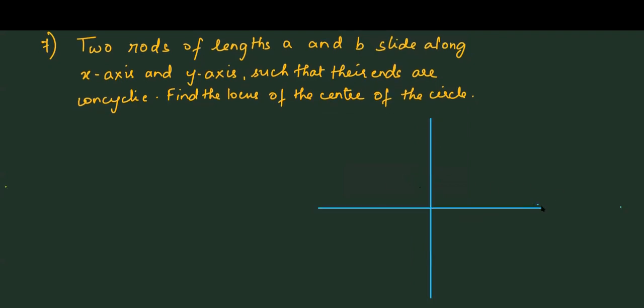What do you mean by two rods sliding along the x-axis and y-axis?